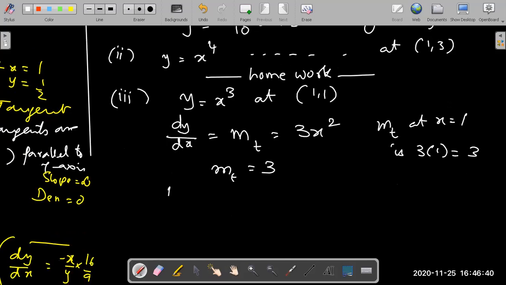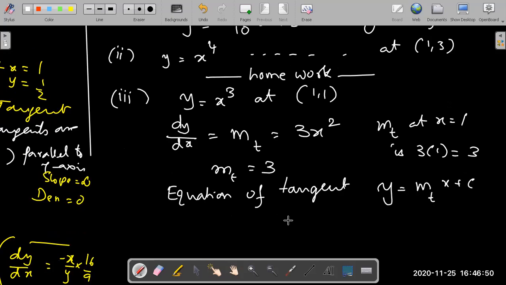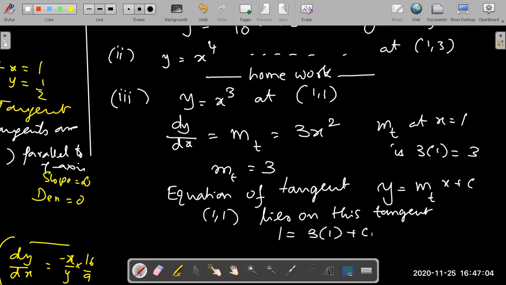Then we have the equation of the tangent, y equal to mt x plus c. We know that (1, 1) lies on this tangent. Therefore, 1 equals 3 into 1 plus c, so c is equal to 1 minus 3, which is minus 2. Therefore, y equals 3x minus 2 is the equation of the tangent.